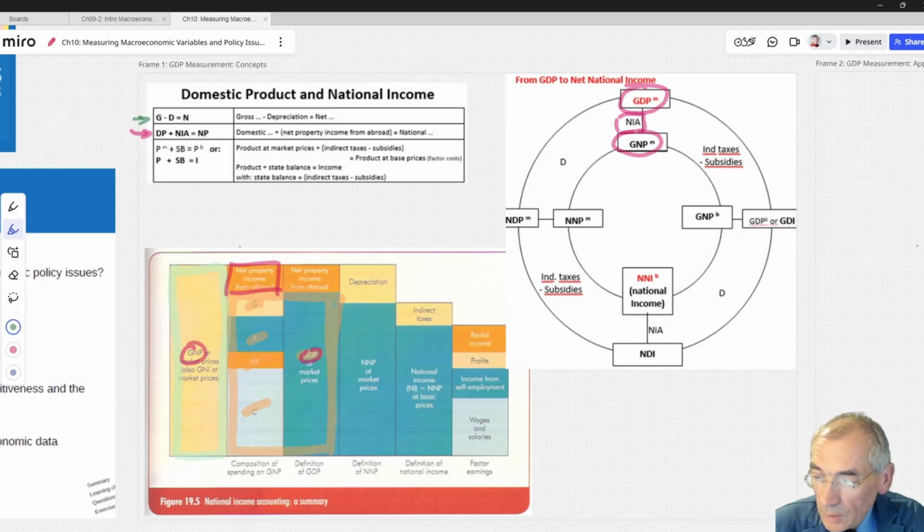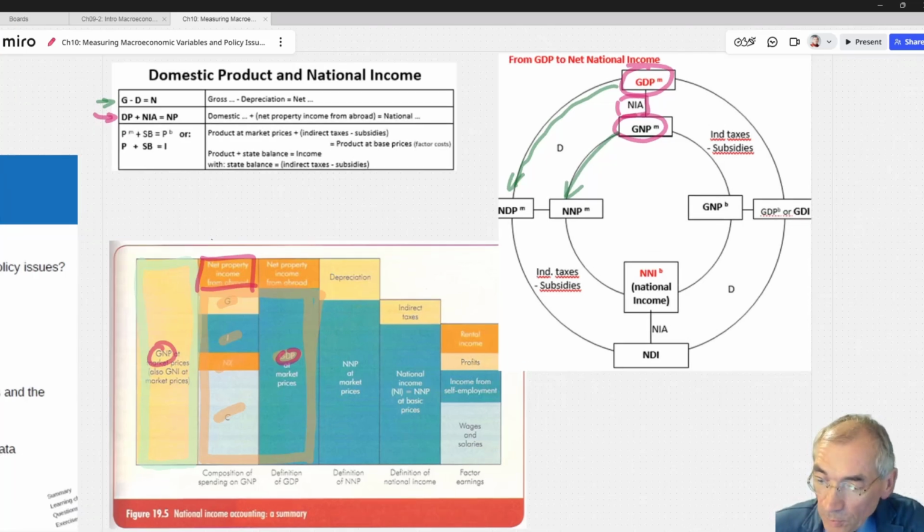So gross minus depreciation is net. Gross domestic product minus depreciation is net domestic product. Gross national product minus depreciation gives me the net national product.